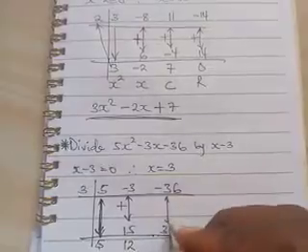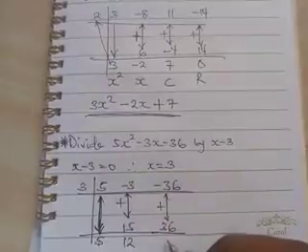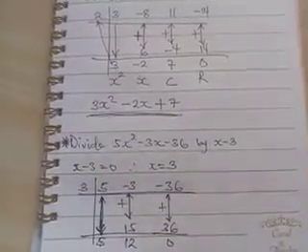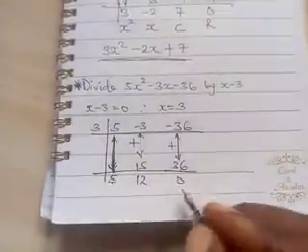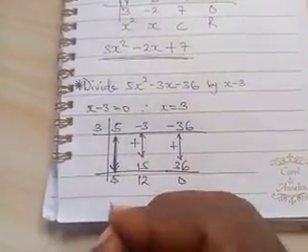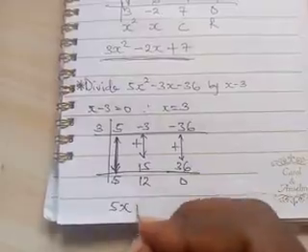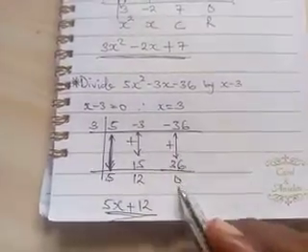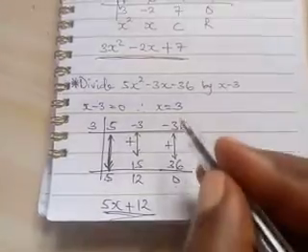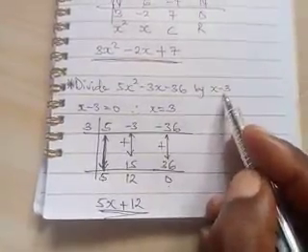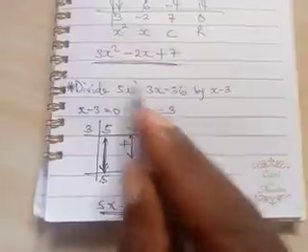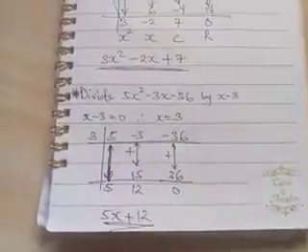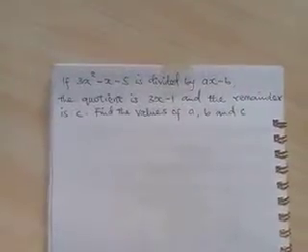So if we add, negative 36 plus 36 gives us 0. So because of that, what we have is 5x plus 12. And this also means we have remainder 0. It also means that x minus 3 is a factor of this polynomial. So we look at another question.